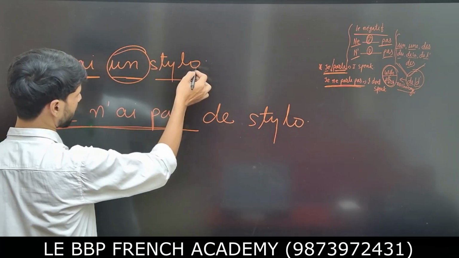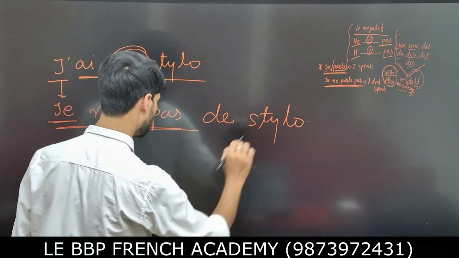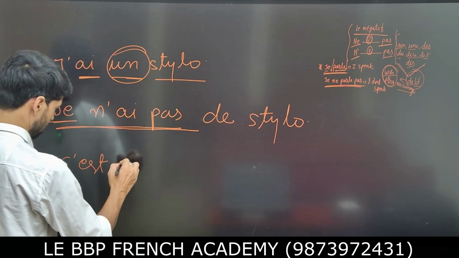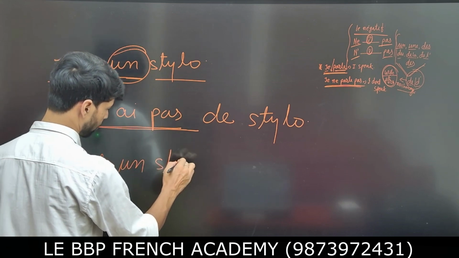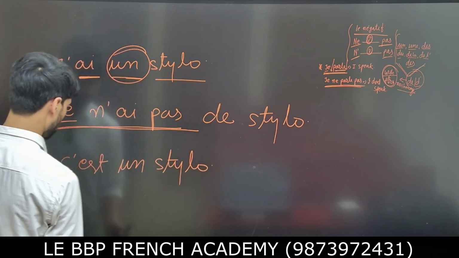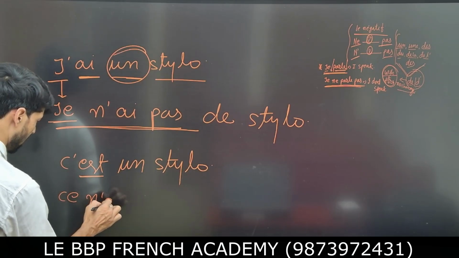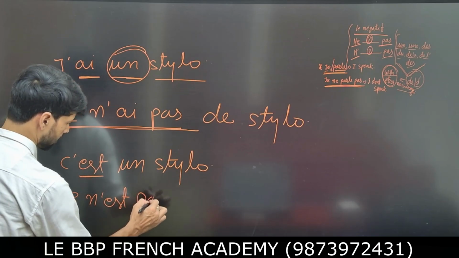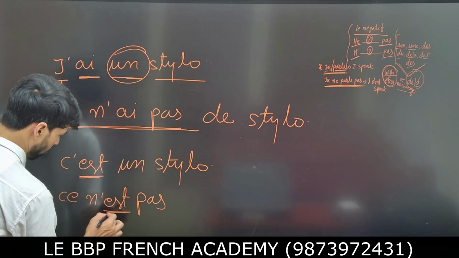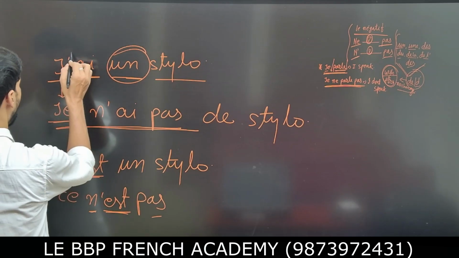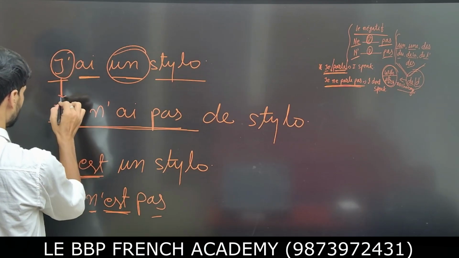Okay, suppose you have a plural also, then you put les. Same process here. Suppose this is the verb, then you put ce n'est pas, because the verb is a vowel verb, that's why we put n'. And one question is, how is it possible that this un changes into that?